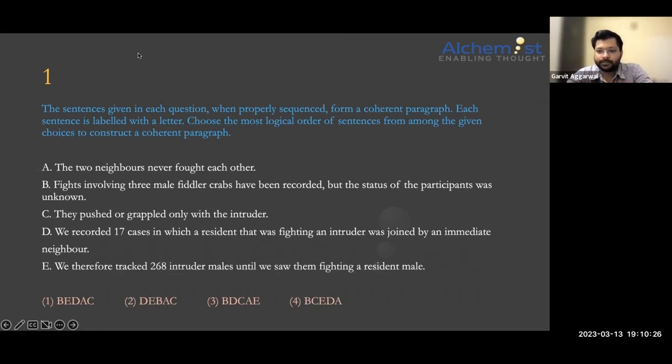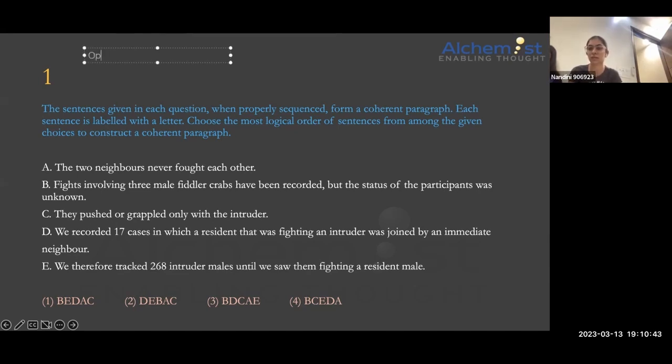Anyone? Looking at the options in a way helps, like you can approach the question by seeing the order, and if it makes sense, then maybe that is the correct one.